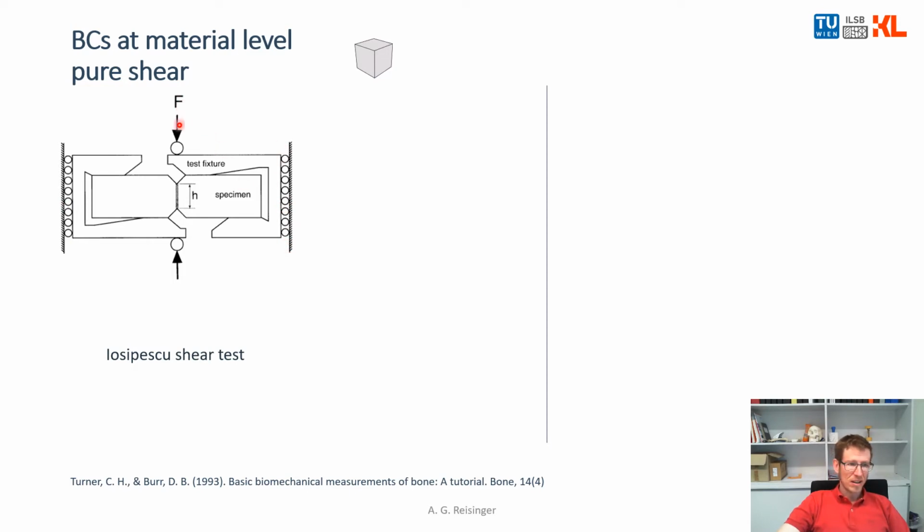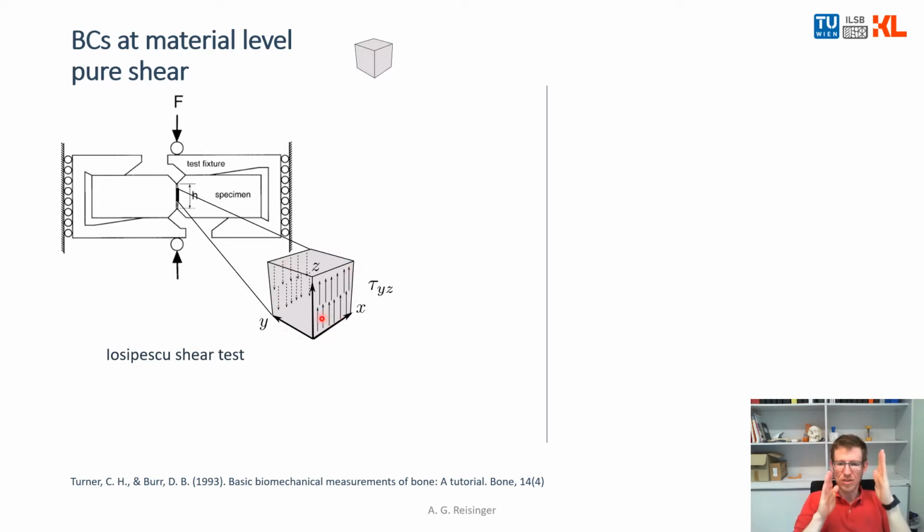And you apply a force, and it's intuitively clear that you get a shear load in this region. When you zoom in on a material point in this region, you have a shear stress on your material, indicated by these small arrows here. So shear is doing that. This is shear.